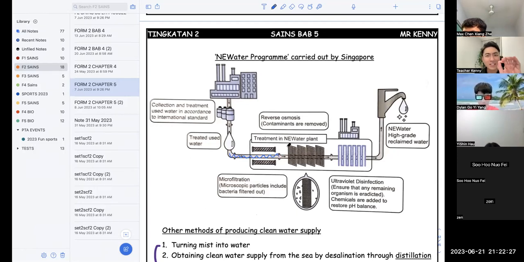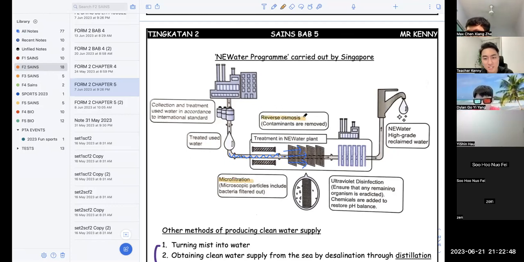Now, there are some bacteria that's so small or viruses that are so small. So I need to make the filter to be so fine, so small that the bacteria cannot escape out from the filter. Understand or not? Yeah. So highlight the first process, microfiltration.